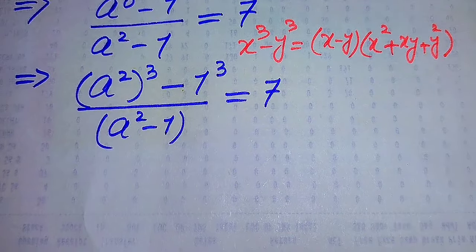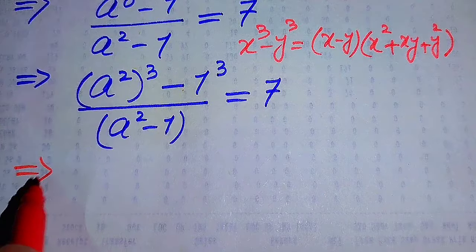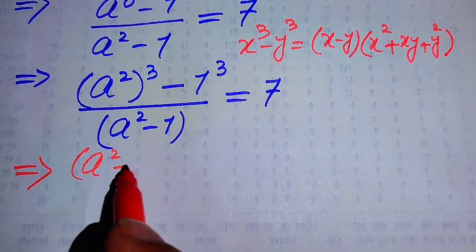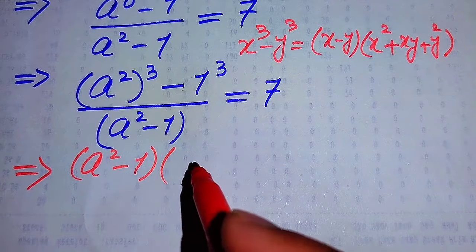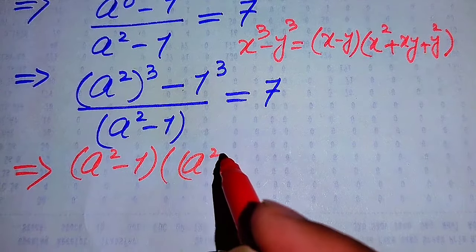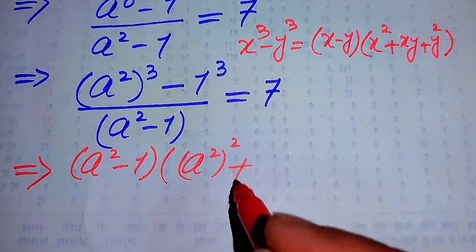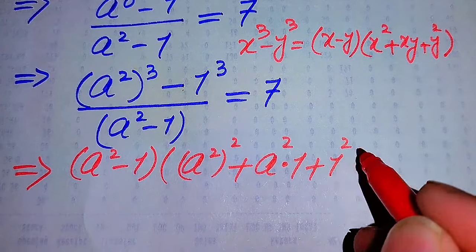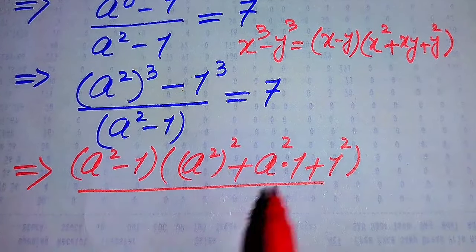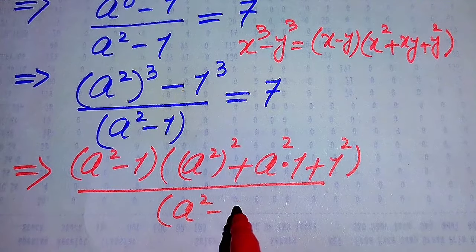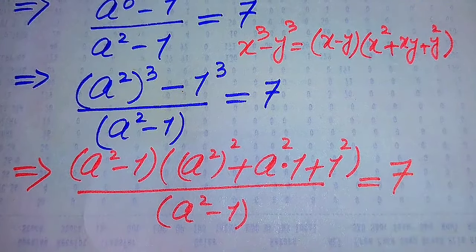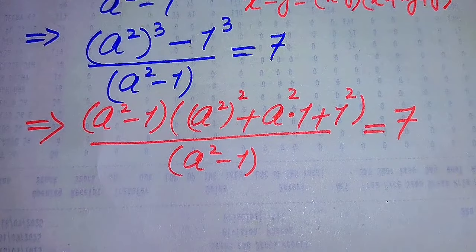After applying this cubic formula, we write this equation as a squared minus 1 times a squared whole squared plus a squared into 1 plus 1 squared, divided by a squared minus 1, equals 7.